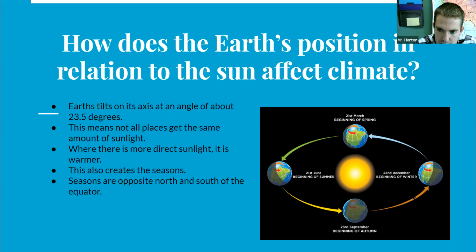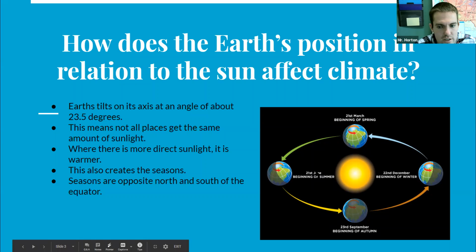We're getting closer to December 22nd, the beginning of winter. But the big thing to remember is that March 21st is when the Earth experiences direct sunlight at the equator. The Earth's tilt and its revolution around the sun create our seasons, so the different tilts create our 4 seasons here in our state.